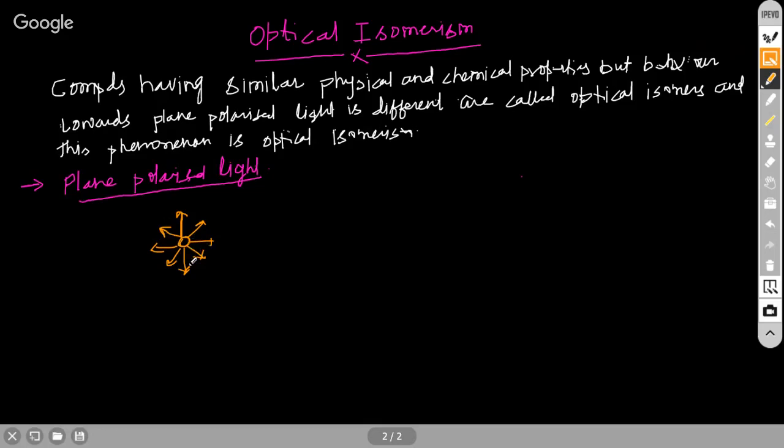This is a white light. Now this light we allow to pass through a prism that we call a Nicol prism.